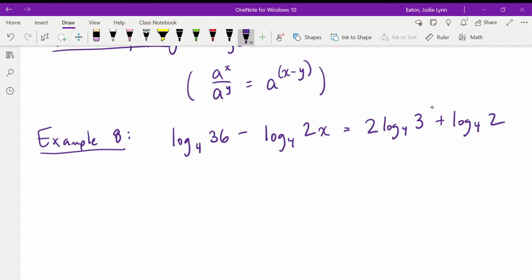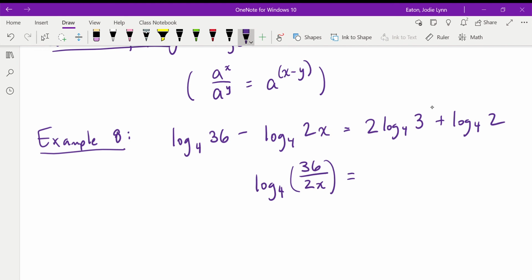So we have a subtraction. We can rewrite this as log base 4 of 36 divided by 2x. We're going to rewrite our subtraction of logs as a division inside the log. So subtraction outside goes to division inside. It's the opposite of the way the exponents work, where division outside goes to subtraction inside.